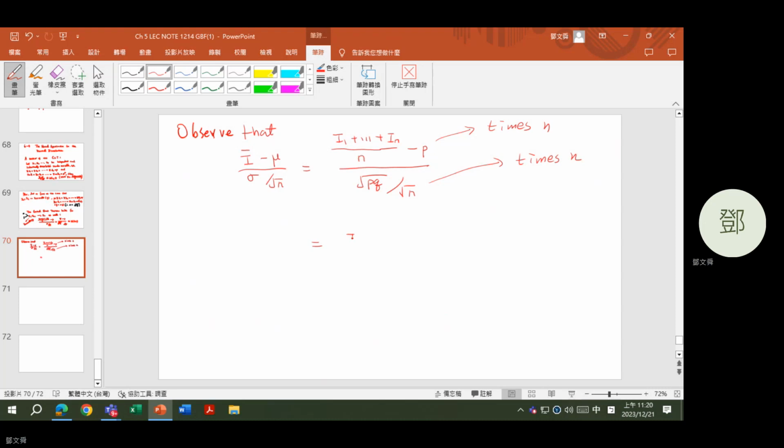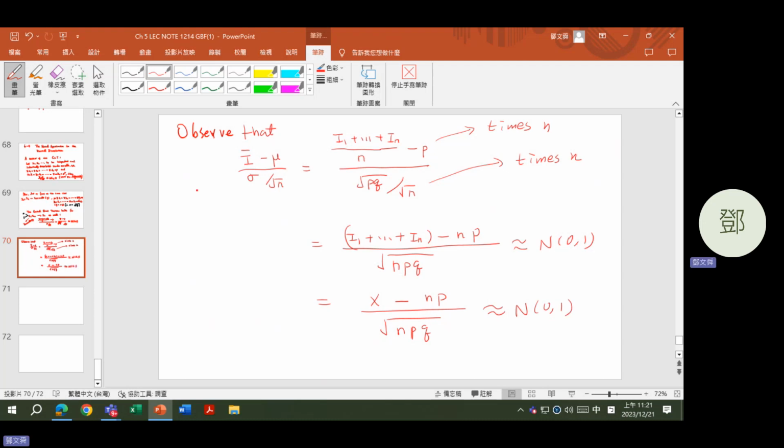We have minus np divided by the square root of npq. All right, very close to the standard normal. And here, the sum of I1 to In is now replaced by X. So it is npq. All right, where? Yeah, I save it just in case.